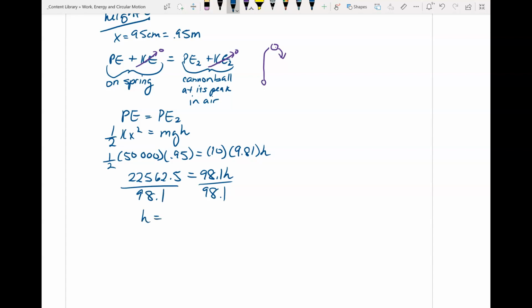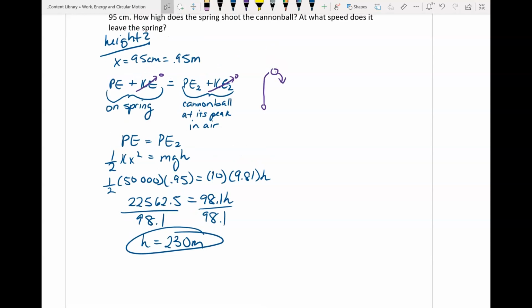So our height of this cannon is going to be 230 meters. That's one solution. Again, the first thing I did is change our distance to meters. Then I had to figure out our equation we're going to use by comparing the total energy in the two different scenarios, and that energy is conserved.